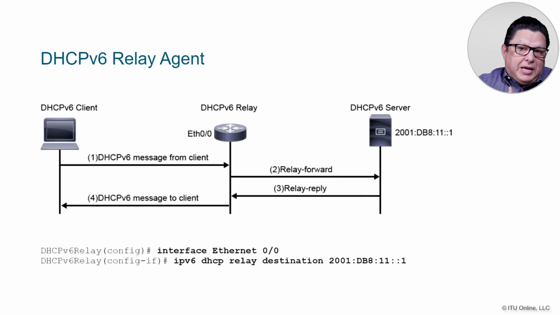Just like IP helper with IPv4. You just have to type a little more. I guess typing more with IPv6, right? How can that be? IPv6 DHCP relay destination and the IP of the DHCP server.